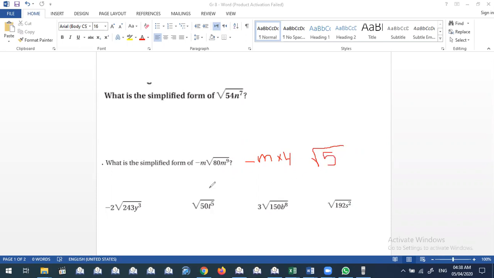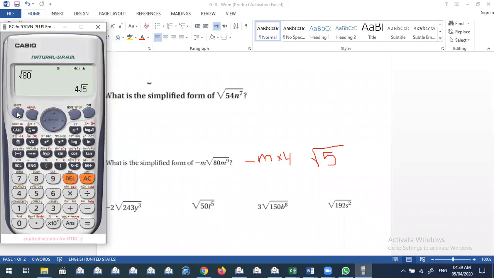Now let's find the square root of m power 9. How can we find it? As I told you before, make 9 divided by 2. Always divided by 2 because it's a square root. And make it a mixed number like that. The answer is 4.5.